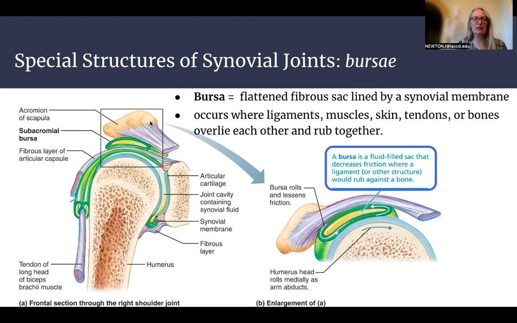In this diagram, we are looking at this structure here, the bursa. It's called the subacromial bursa because it's lying underneath this part of the scapula called the acromion. And we're going to learn the anatomy of the shoulder girdle this week in our lab meeting.